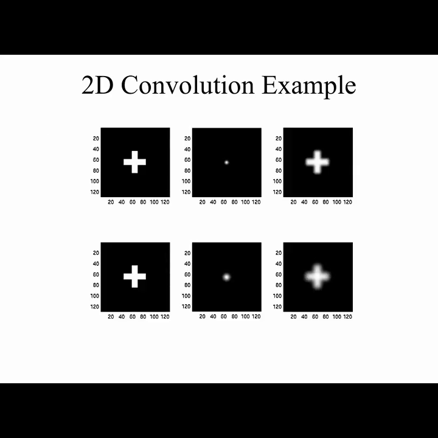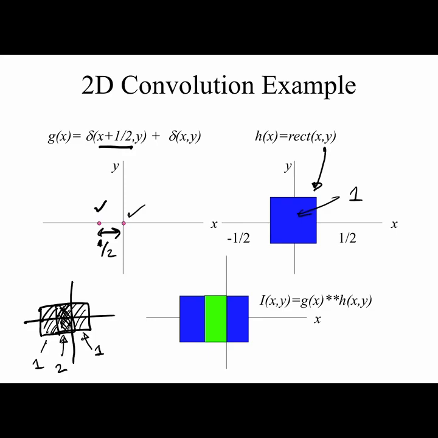Why is it 2 asterisks, just to say it's 2D? Yeah, in fact, this notation should have been g of x, y, and h of x, y. That's a mistake. And 2 asterisks is just 2D convolution, but you can be sloppy.